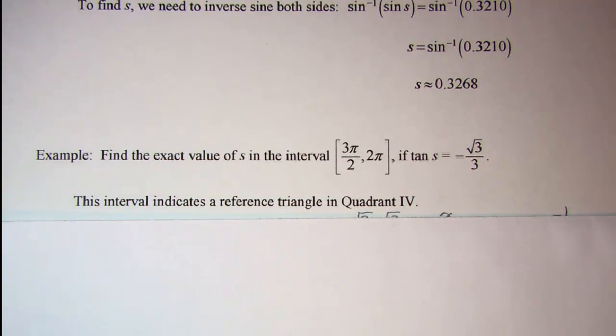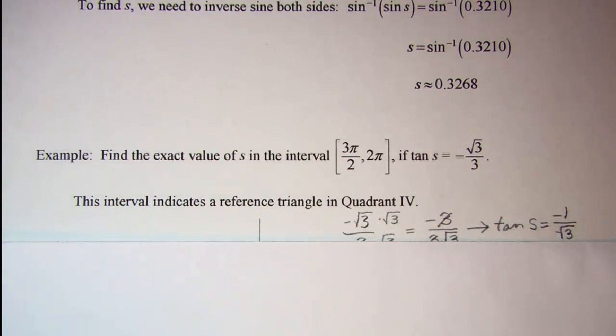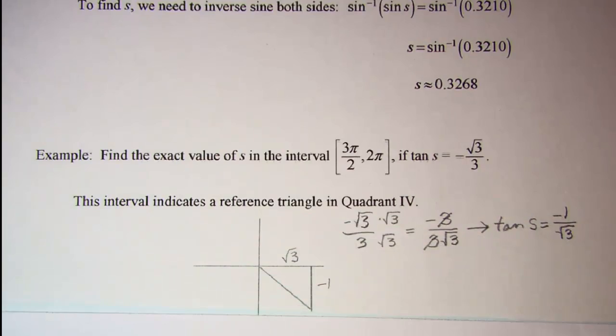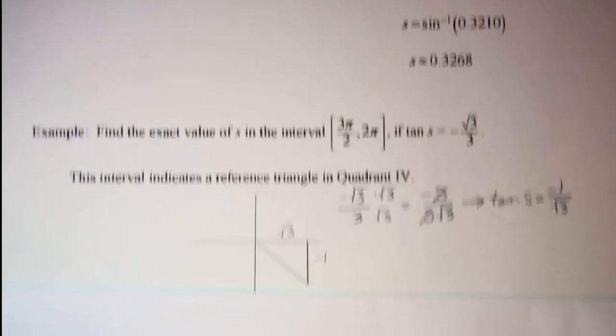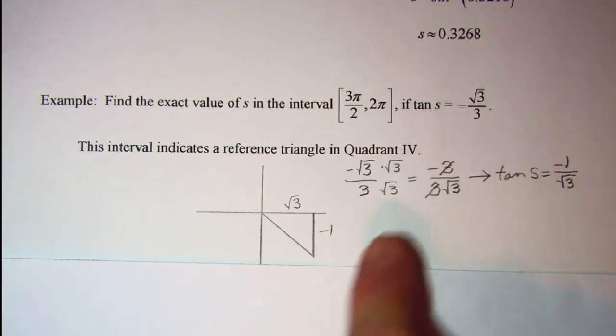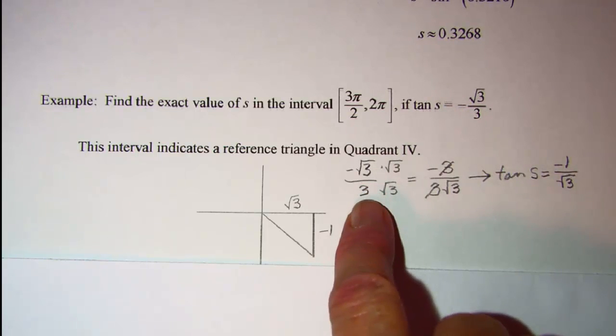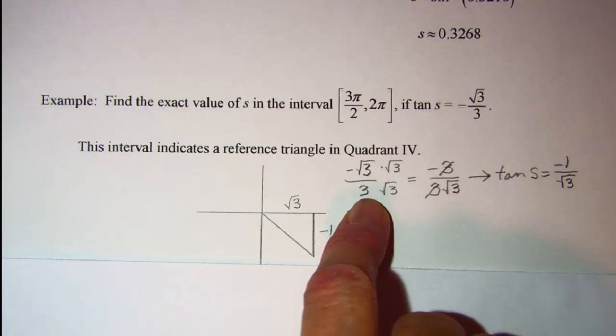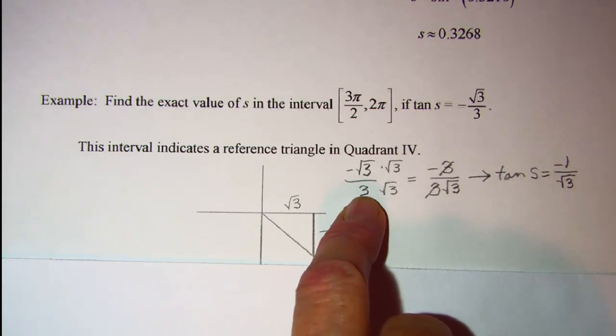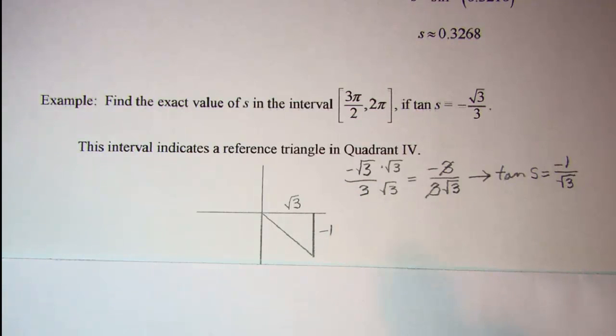Right, so we know from our interval that we're in quadrant 4. We also need to, it helps if we take this ratio, this tangent ratio, and rationalize the numerator or unrationalize the denominator, however you want to think about it.